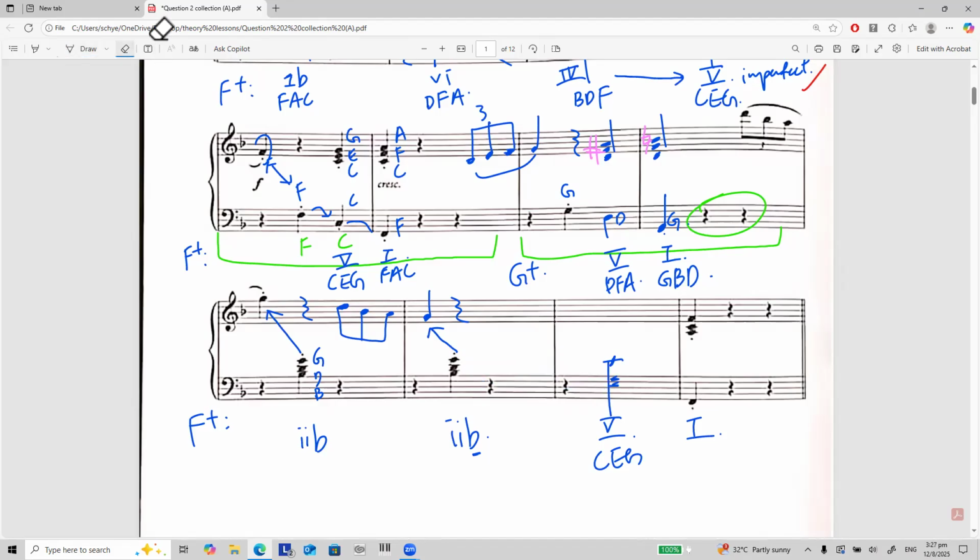So by doing this, C, E, G, and then we can relate this by doing G, E, D, C. So using the chord notes C, E, G to end the phrase.